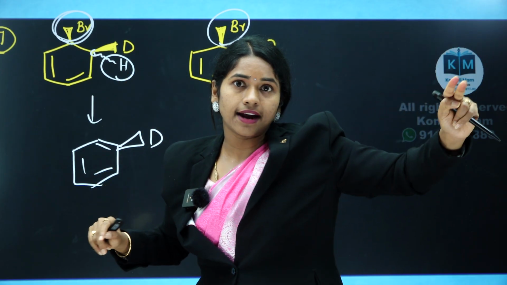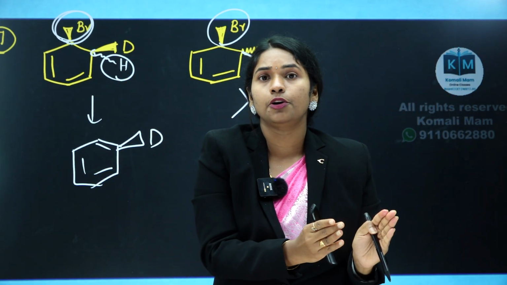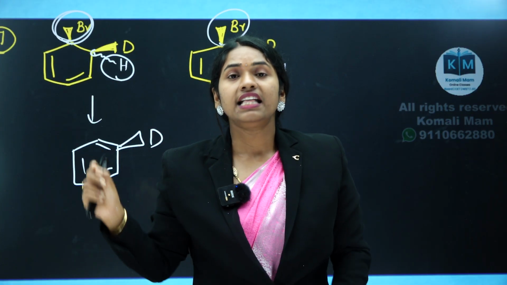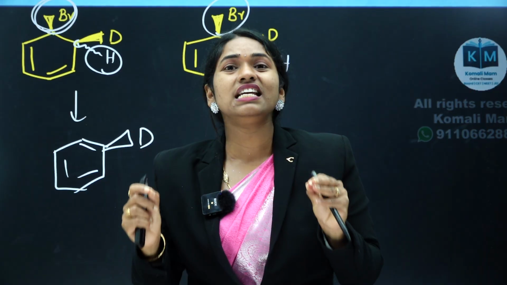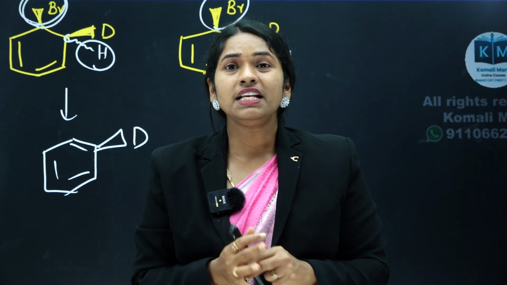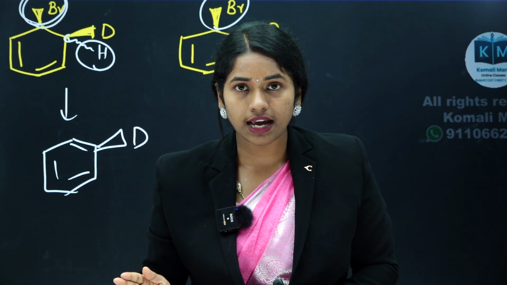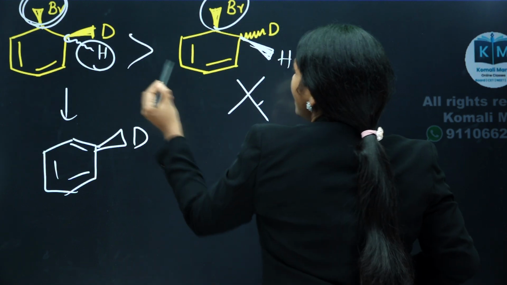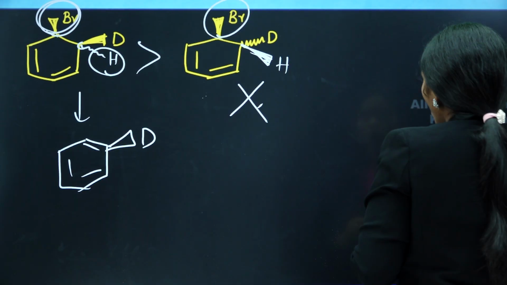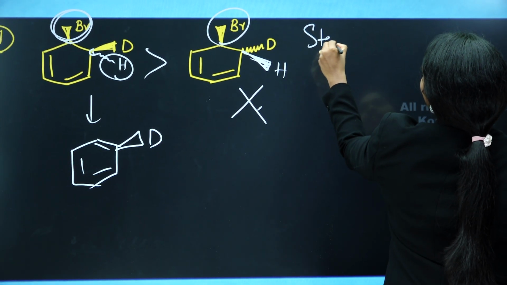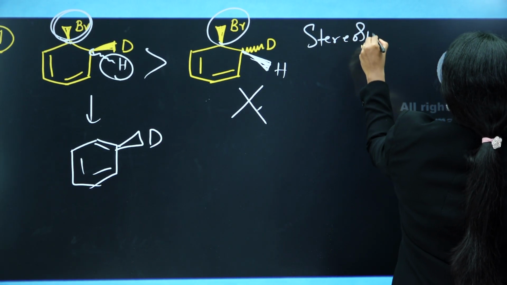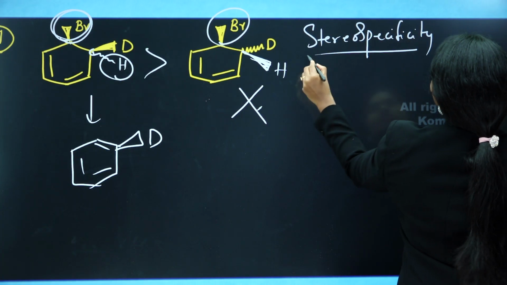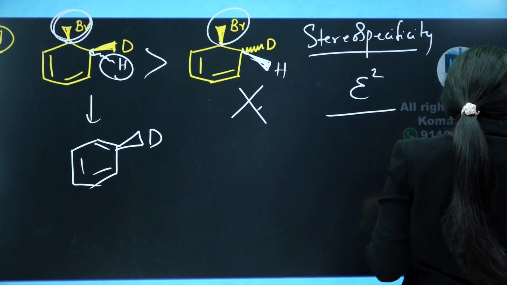Out of two reactants, only one reactant is undergoing reaction, one is not, which means that these reactions are stereospecific. Specificity relates to the reactant. Out of two, only one is reacting. So this is reacting, this is no reaction. This is the best example to explain stereospecificity. E2 reactions are stereospecific.